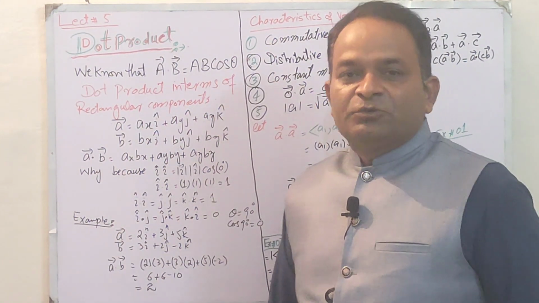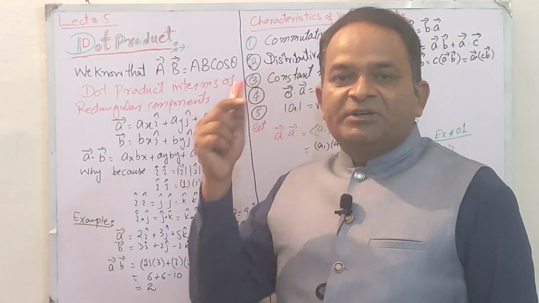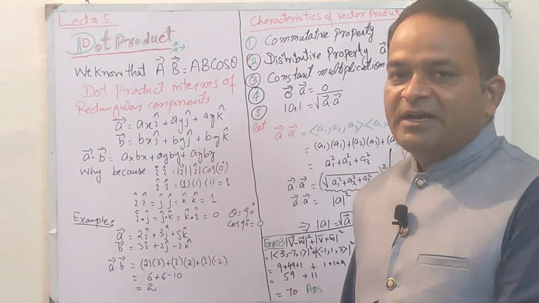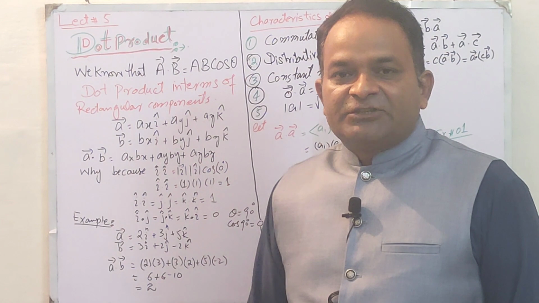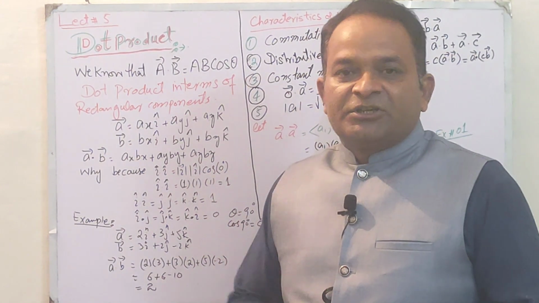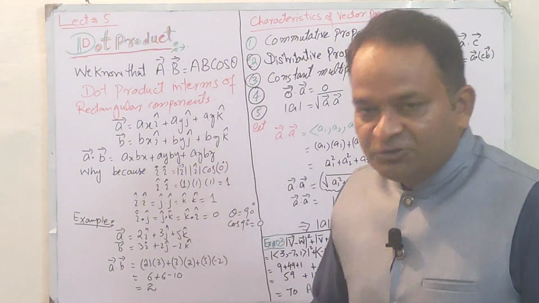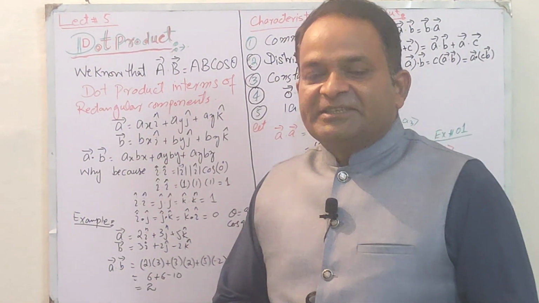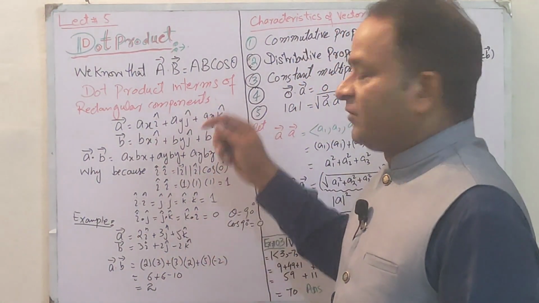And you already know that along x-axis the i unit vector exists, and similarly the j unit vector and k unit vector. Actually, they are the unit vectors whose magnitude is 1. So what is a unit vector? A unit vector is a vector whose magnitude is 1, means whose value is 1.